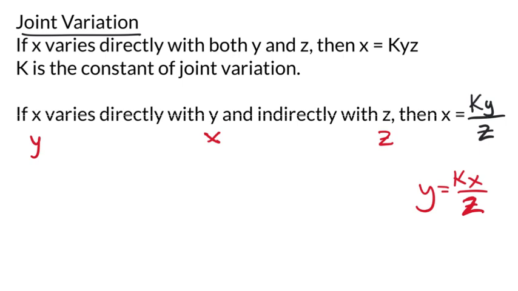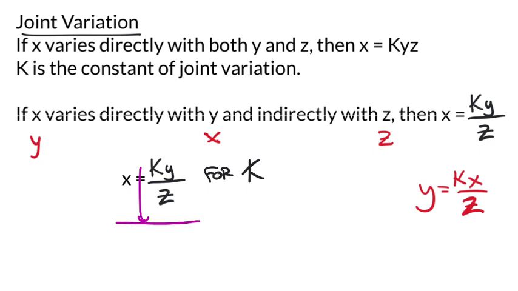But in addition to that, you have to be able to solve for k, because you're going to need the k on these. So I'm going to start with our original here. If we were to solve this for k, the first thing I'd probably do is multiply both sides by z. That would make that a phantom 1.